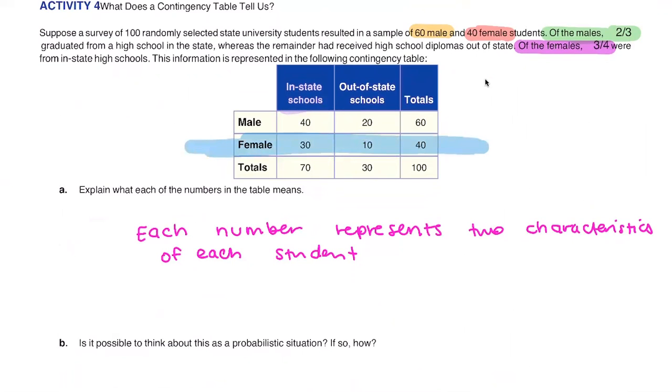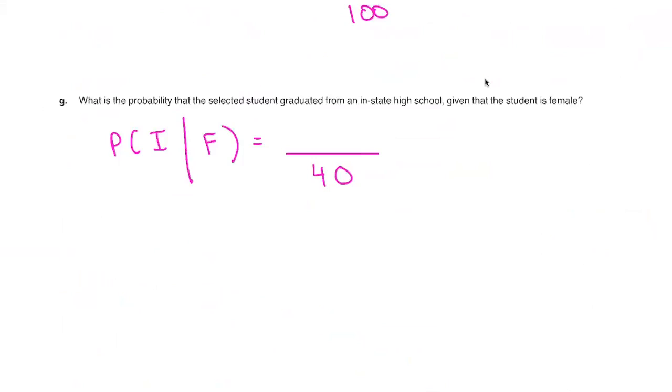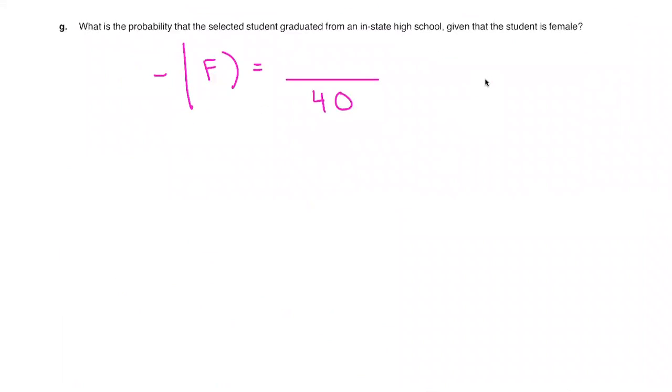Looking just at the female students who went to an in-state school, the 30 here. That's it. Just those 30 students. Probability of in-state, given that female, is 30 out of 40.